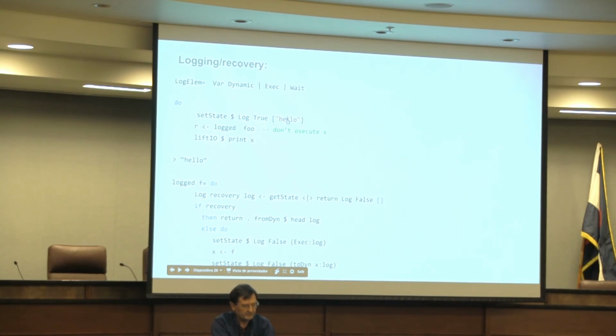But if the value is already in the state, instead of executing the parameter, it returns the logged value. So this program will return hello instead of the execution of foo, because in the log there is hello already stored. And the pseudocode is here.